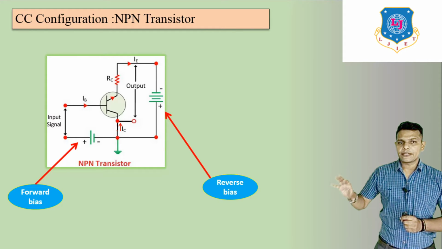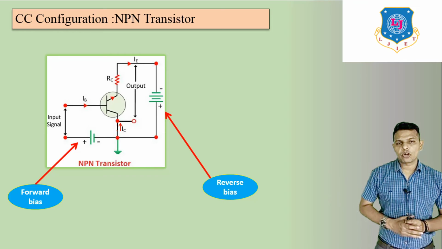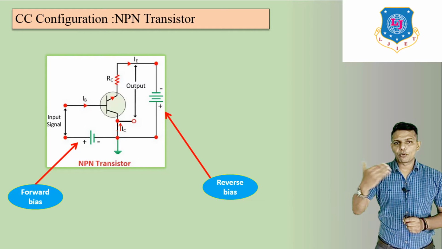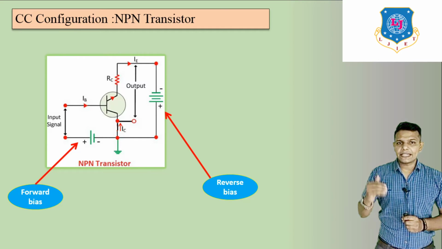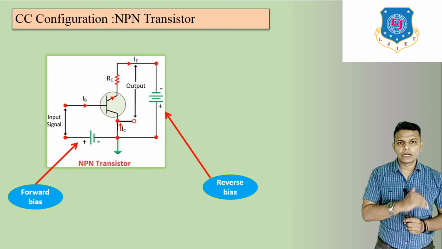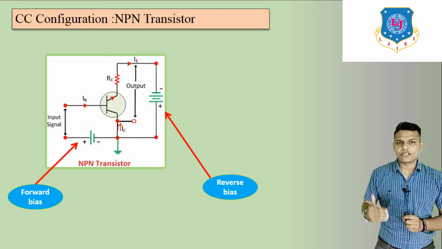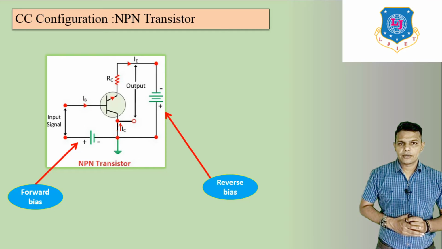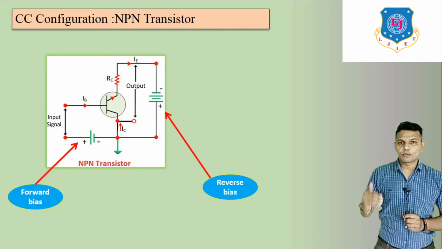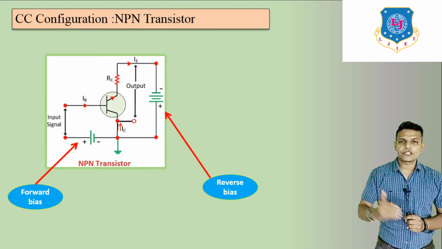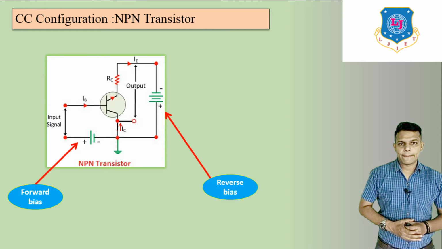Here VBC is your input voltage. Similarly, the output current, that means IE, is your output current, and the output voltage is the potential difference between collector and emitter, which is known as VEC. So VEC is your output voltage and IE is your output current.